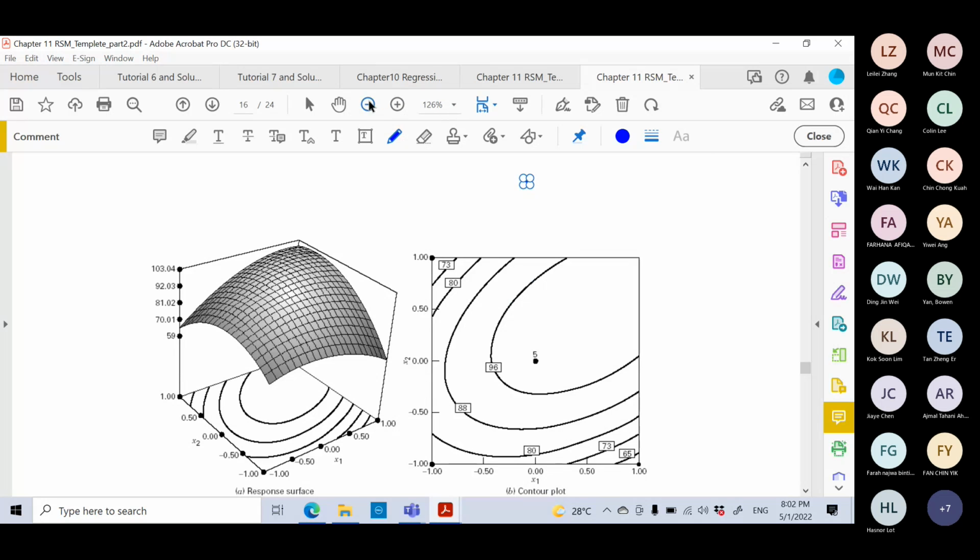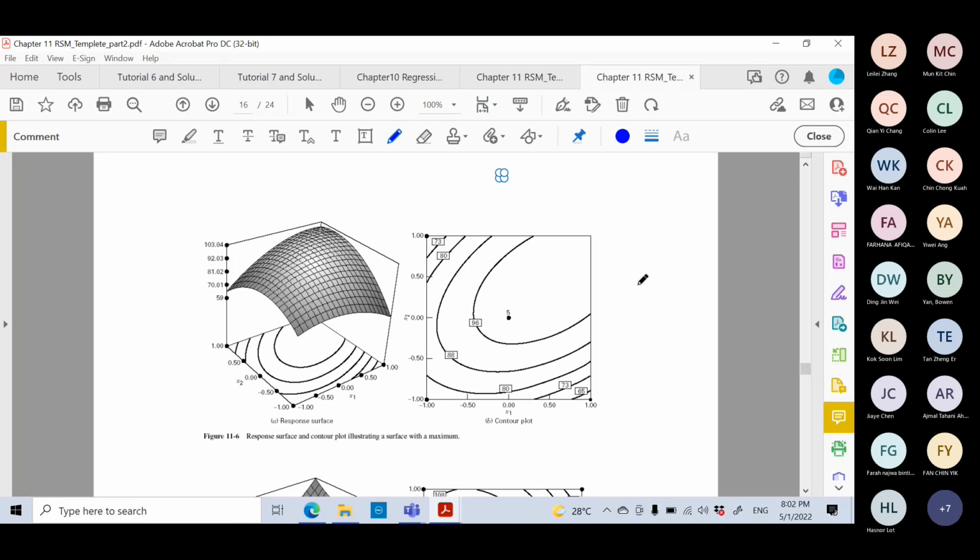So this one is an example with a maximum. Because you have a quadratic effect, the quadratic curvature here, this one is a response surface. Of course, if you look at this graph, you want to draw it yourself, I think it's impossible, and we are not going to draw the contour plot ourselves either, unless you have the software.